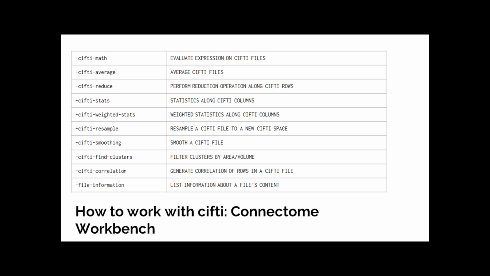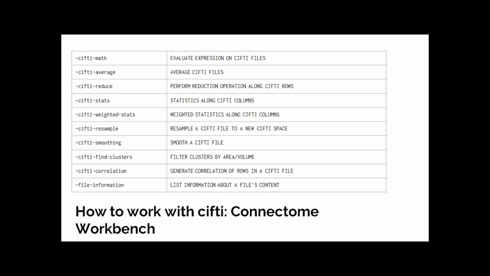So there are things like math, averaging, reducing, merging, concatenating multiple files together, doing weighted stats, doing regular stats, smoothing on the surface, or smoothing in an anatomically specific way. So 2D on the surface, 3D in the volume.